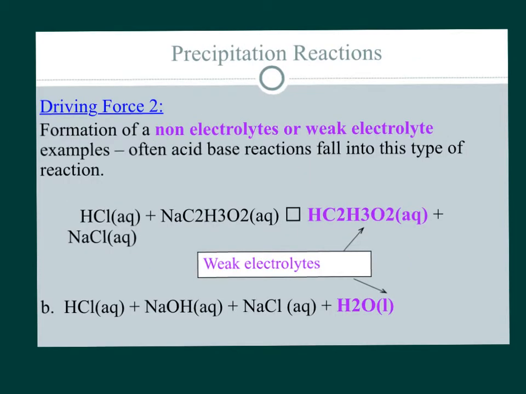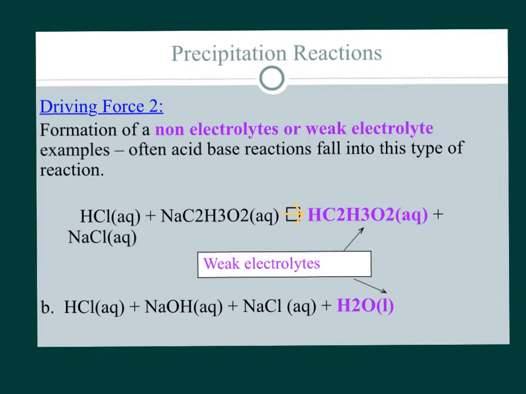Okay, so let's look at another driving force, the formation of a non-electrolyte or weak electrolyte. Examples often are acid-base reactions that fall into this type. We're missing an arrow here on the PowerPoint.